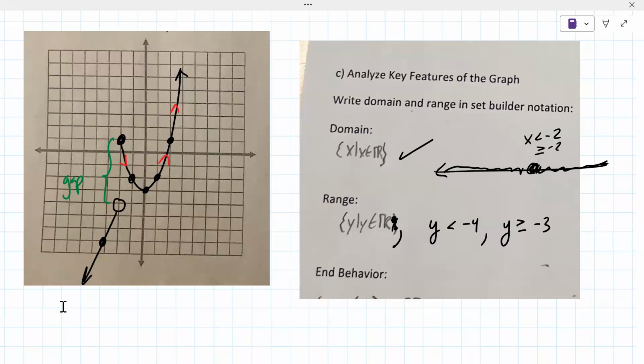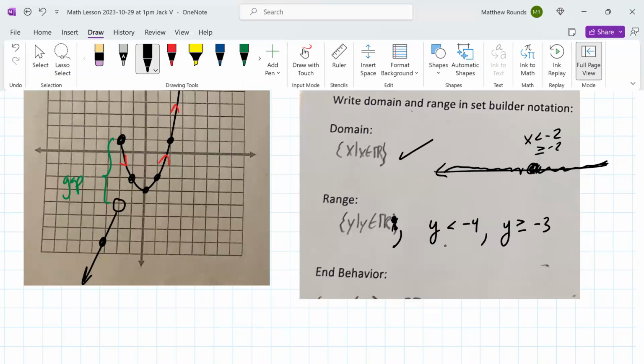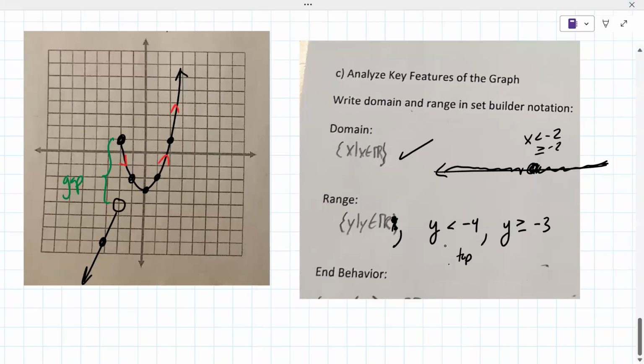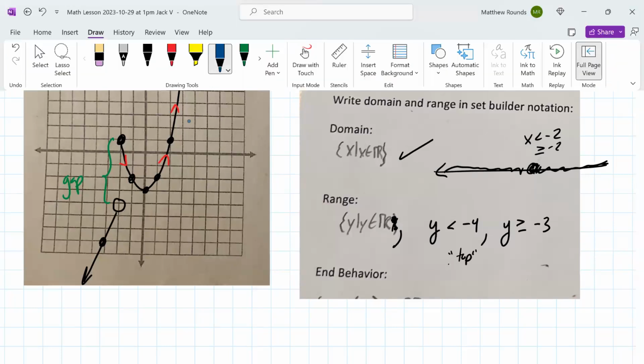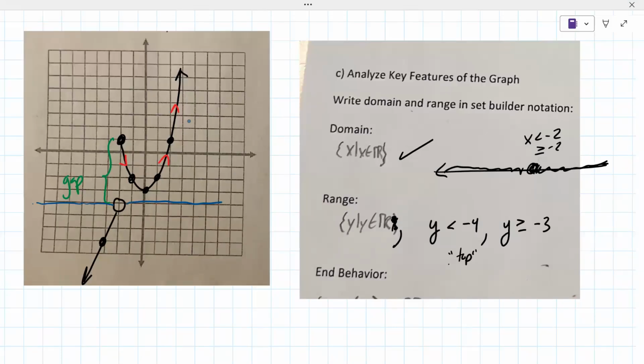Well, -4 is like the peak, the top. It's the biggest y value of this first piece. Everything is less than, underneath, below. That's what we're trying to say here. That's the first piece.